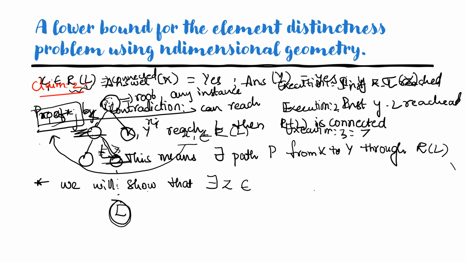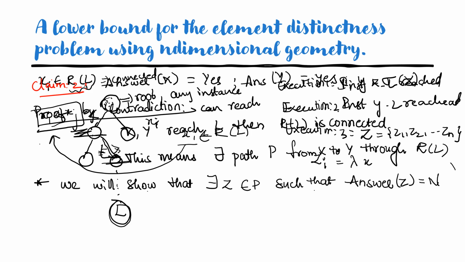I'm going to define a point z with coordinates z1 to zn. I'm going to define this z as zi as a function of xi and yi, the average of xi and yi.